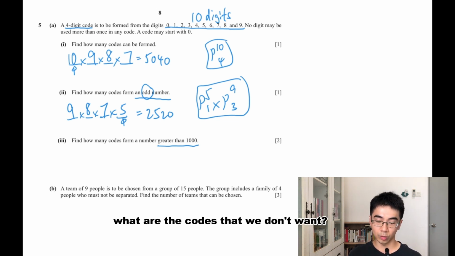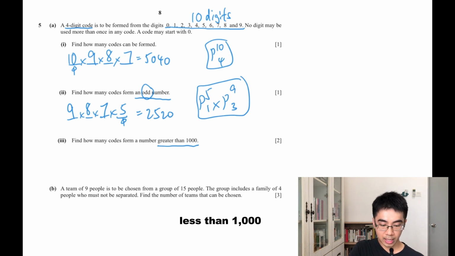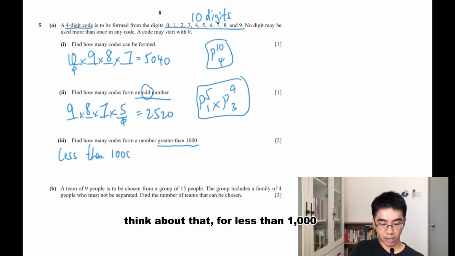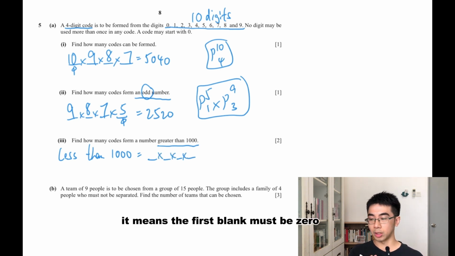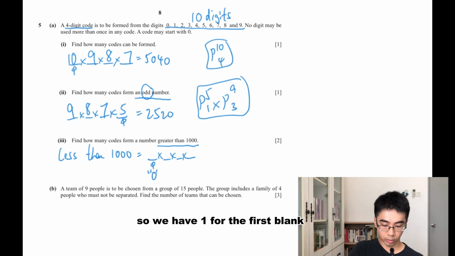What is the code that we don't want? It should be something less than 1000. For less than 1000, the first digit must be 0, so we just have one choice.